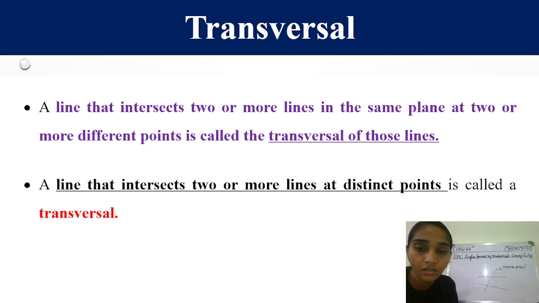Very good students. Now if I ask you where you find a transversal in your day-to-day life, have you ever noticed some things in this form, the transversal concept? You might be aware of many, and let me also show you. You might be seeing an electric pole.